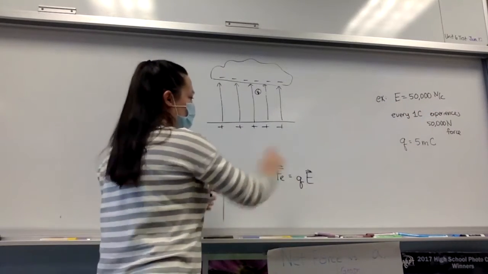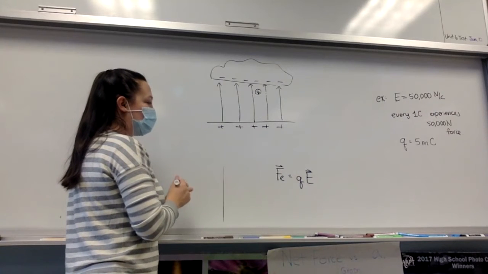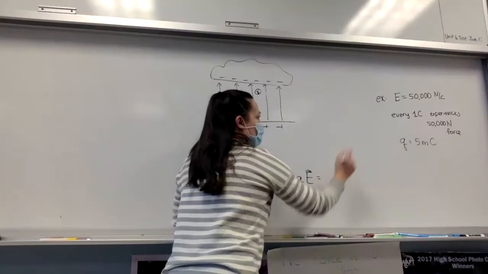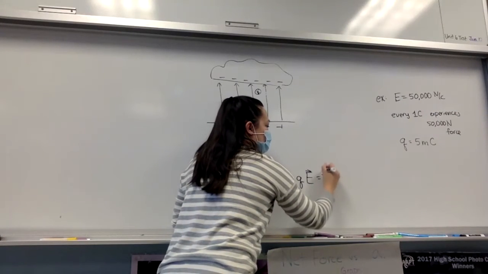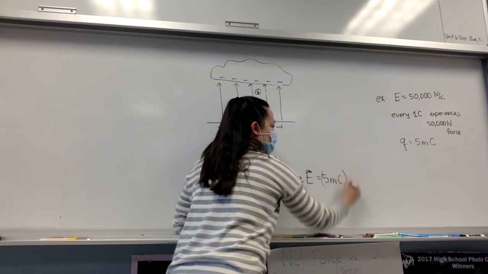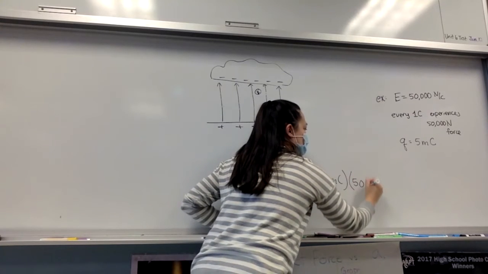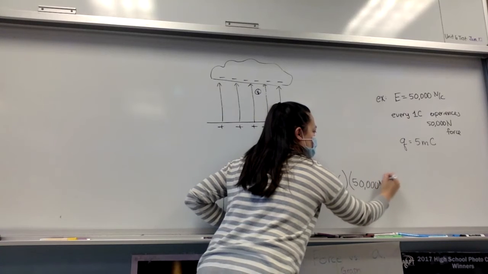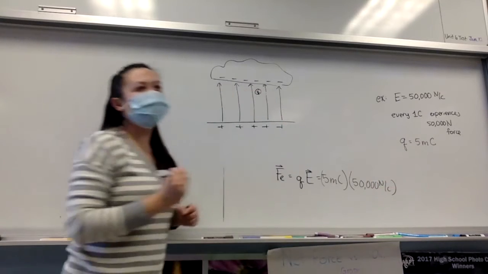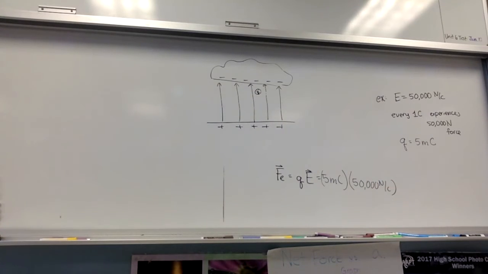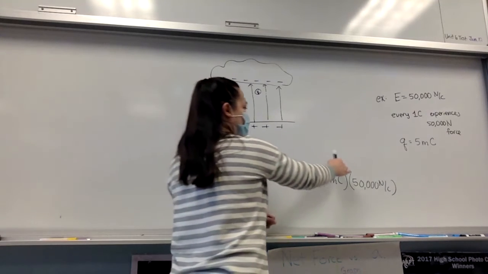So I'd write out my equation, Fe is equal to QE. I put in Q as 5 millicoulombs. E was 50,000. And the only thing I need to do before I put this into my calculator is make sure I convert. So I'm going to look milli up on my conversion factor chart.